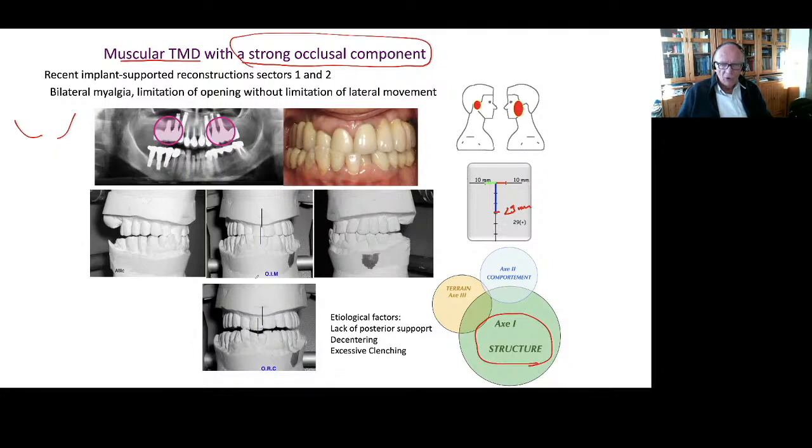And when you look at the occlusion, it is ICP, no contact on posterior teeth on the right side, and no contact here on the left side. It is RCP with a strong prematurity here, with a decentering.